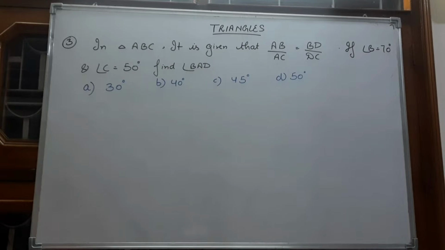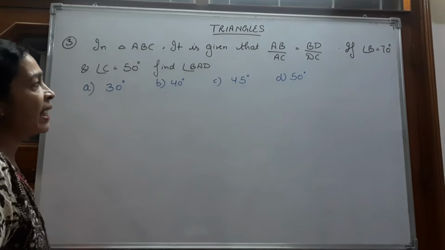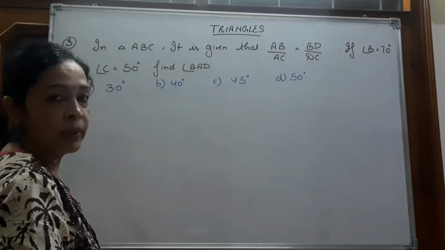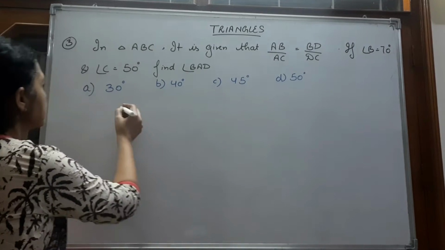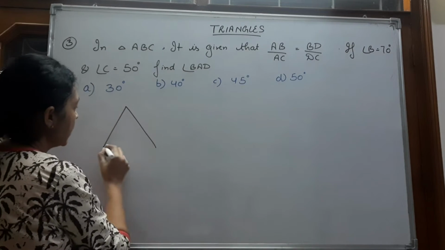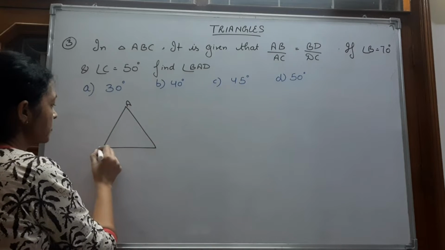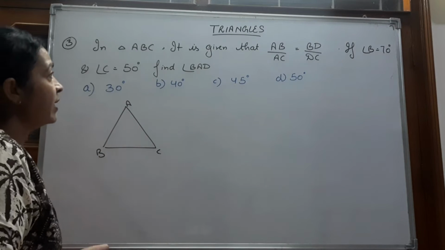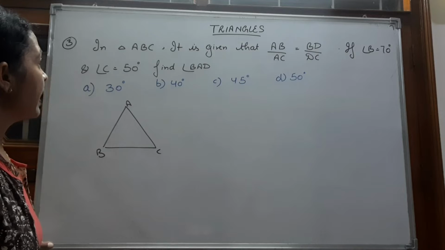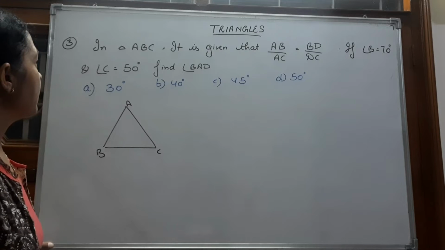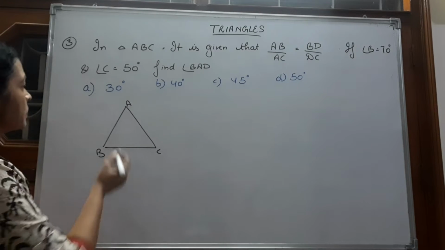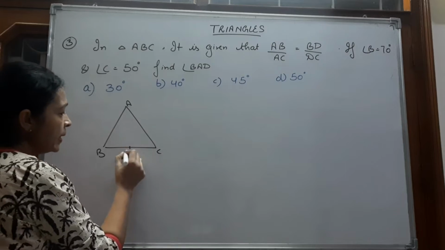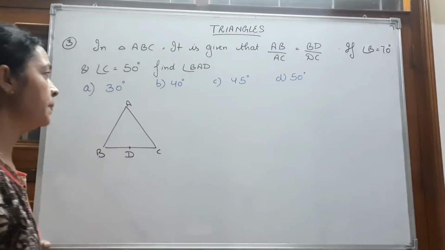In triangle ABC, it is given that AB upon AC equals BD upon DC. We have a triangle ABC. It is given that AB upon AC equals BD upon DC. Say D is a point on BC.